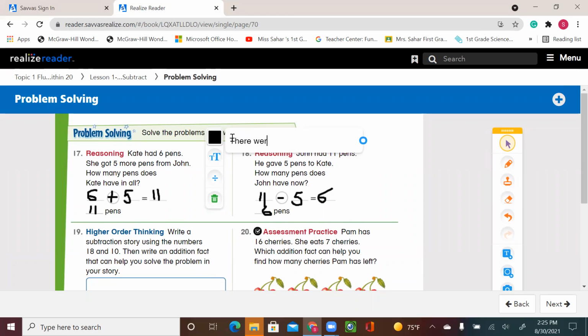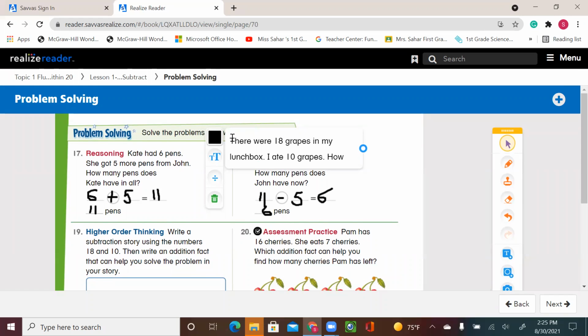there were 18 grapes in my lunchbox. Okay, what's the number they want me to use? 10. So okay, I ate 10 grapes.